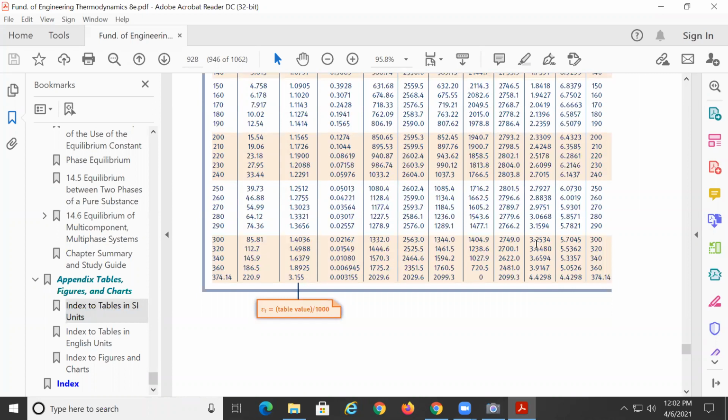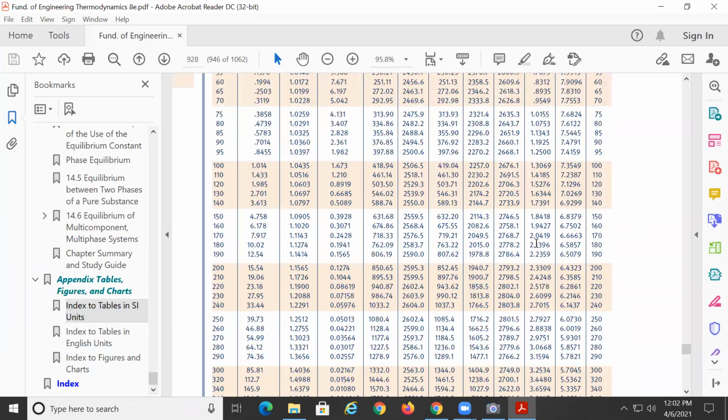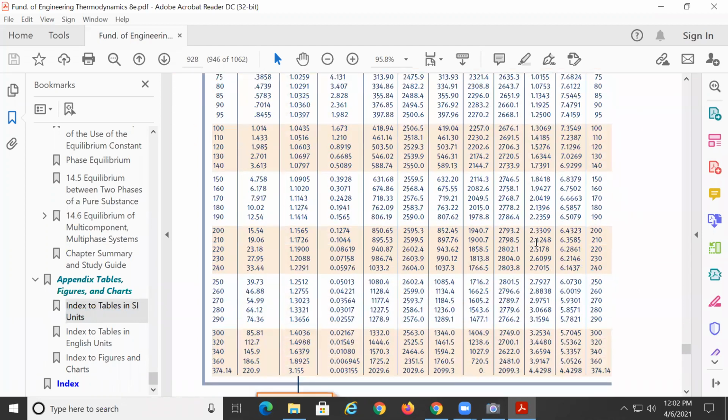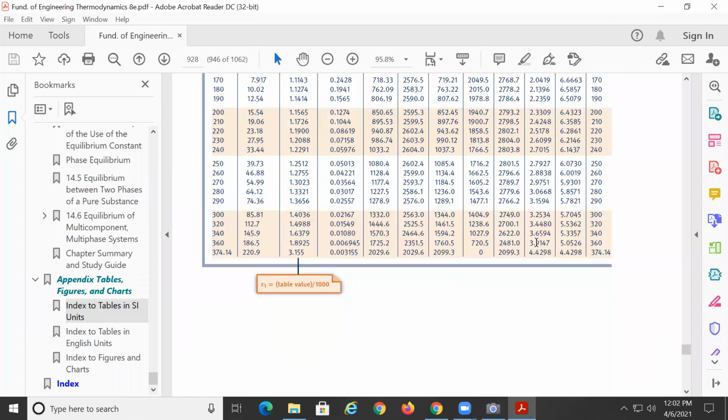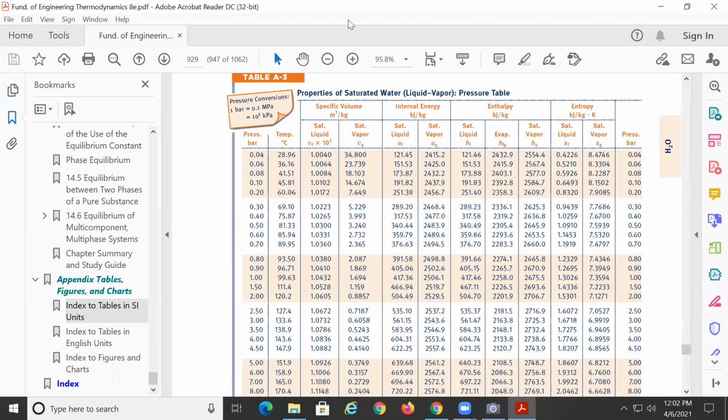So how many bars will be 75 kilopascals? This is table A2, no? All right, guys, so we have 75 kilopascals, but we only have bars. One bar, as somebody mentioned, is 100 kilopascals, meaning that 75 kilopascals will be 0.75 bars.